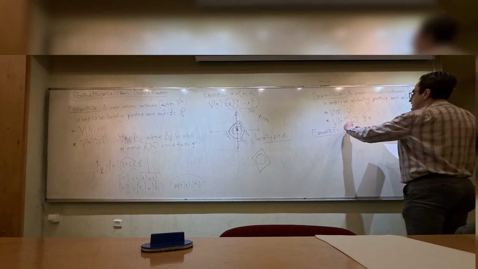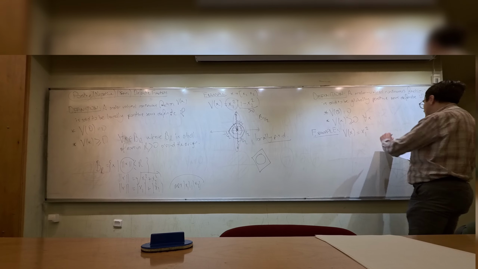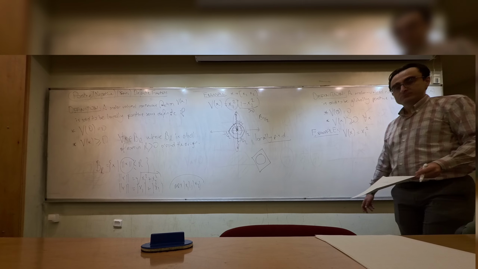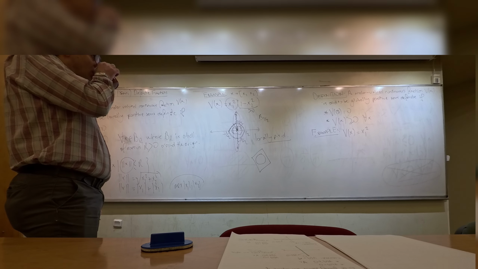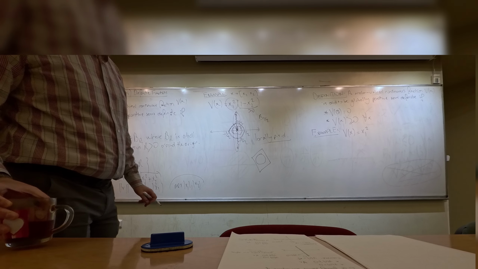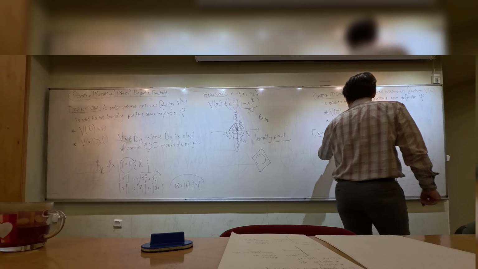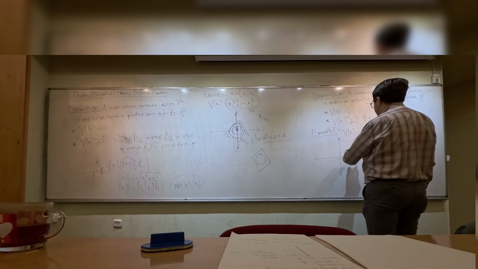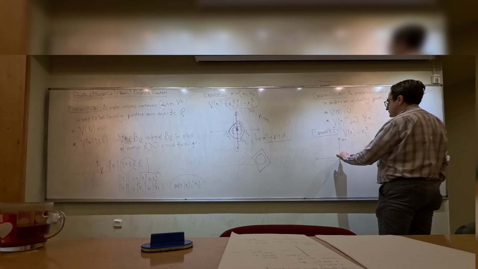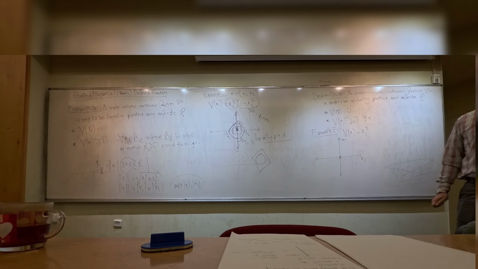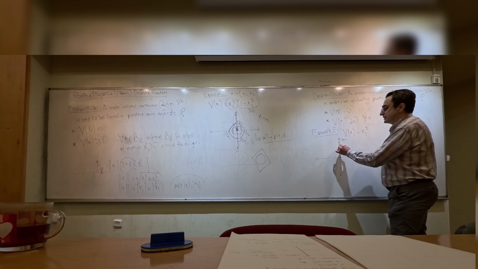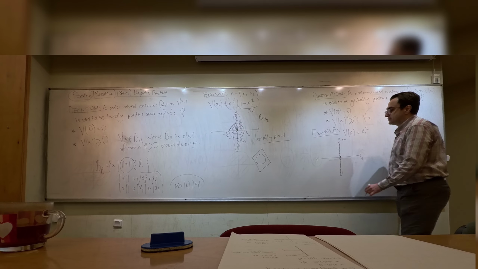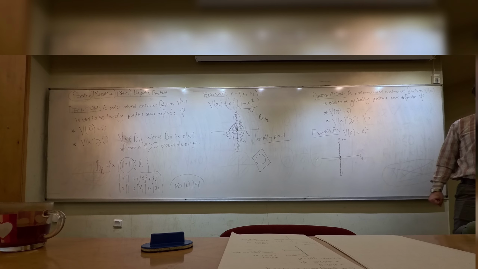So here I can look at an example. V of x is equal to x1 squared. In this case, I know that the function is 0 at the origin, and it is non-negative everywhere. But it is not positive definite because the function can take 0 values somewhere other than the origin.